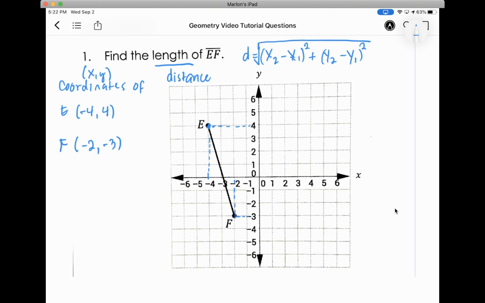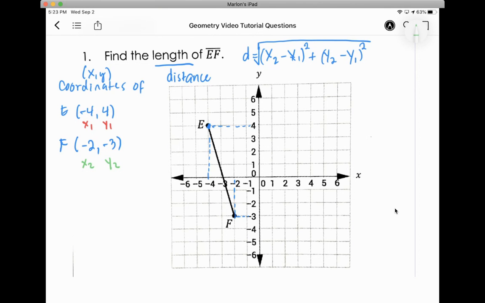So I will assign my x1, y1 to E. So this will be my x1, that's my y1, right? And I will use F to be my x2, y2.